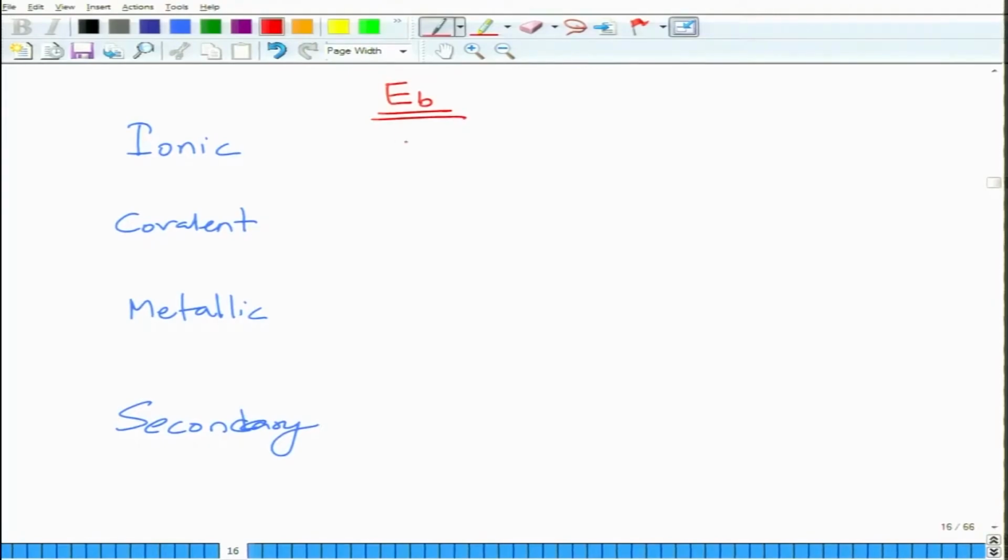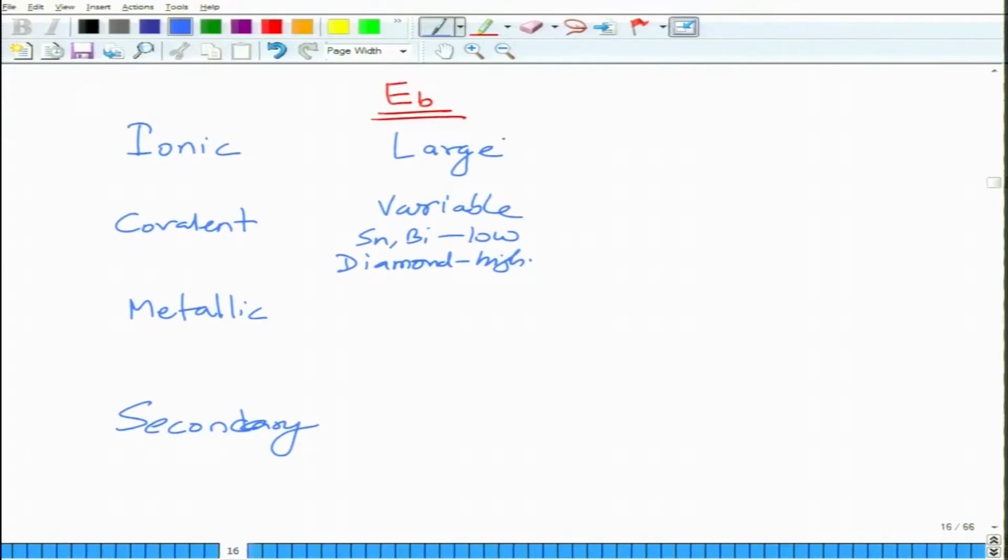EB for an ionic bond is typically large. EB for covalent bonding is variable, because for something like bismuth or tin it can be low, but for diamond it is high.